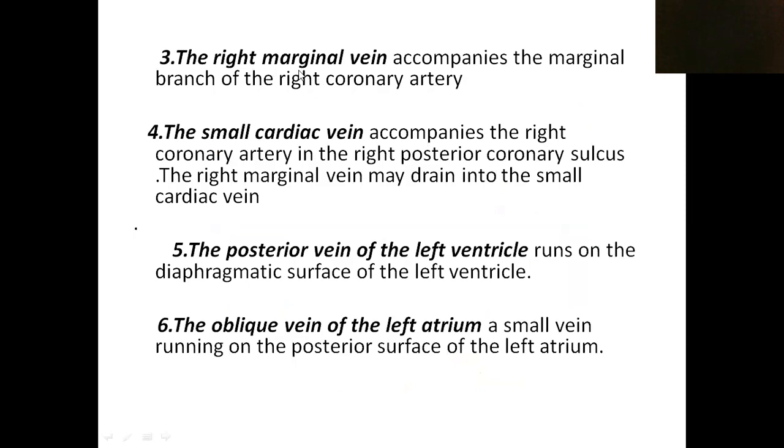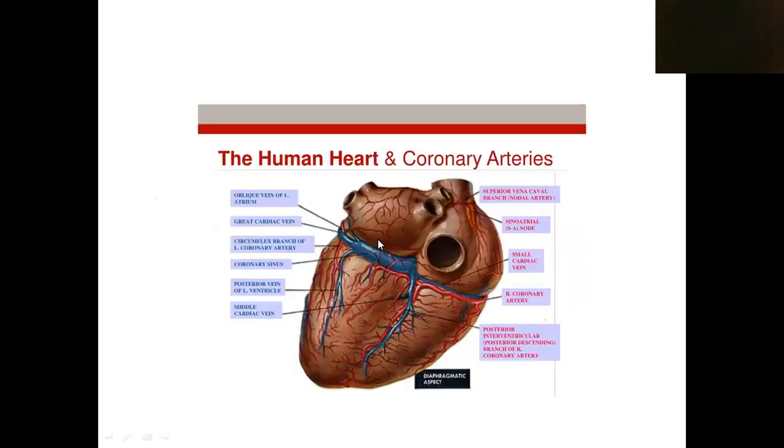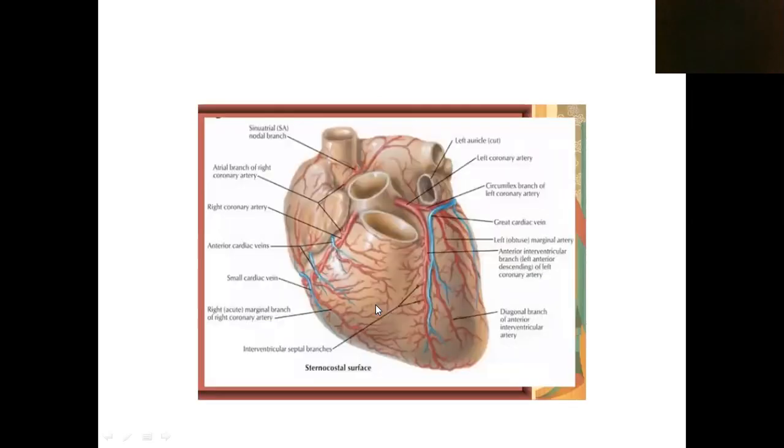Sorry, that one is the right marginal vein, which accompanies the marginal artery. That right marginal vein continues as the small cardiac vein. See it once again, this is the right marginal vein, and here it continues as the small cardiac vein.